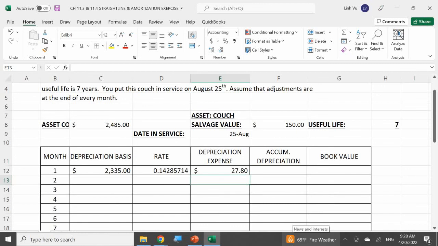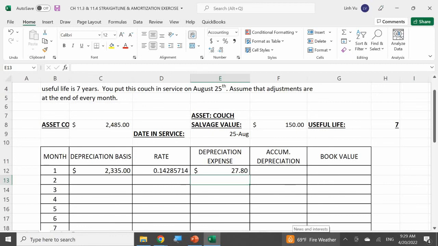So if they ask us at the end of the year, how do we divide it? If it asks you for the end of the year, how old is your asset? If it's 3 months, then you do 3 divided by 12, because that's 3 months out of a whole year.